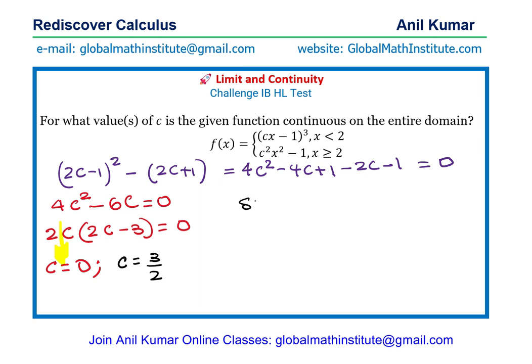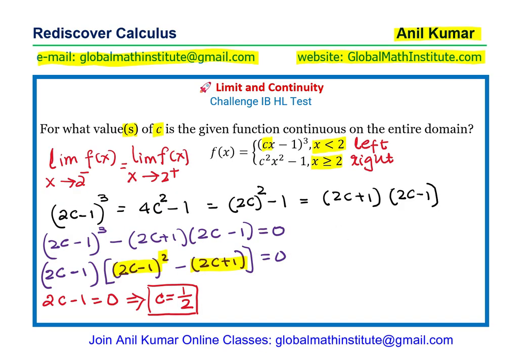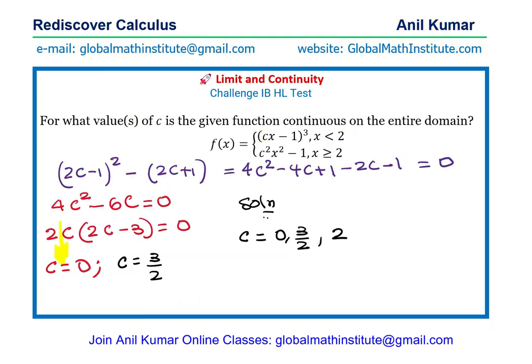Our solutions are c equal to 0, 3 by 2, and earlier we found, not 2 but half, where 2c minus 1 was 0, correct? So there are three solutions for this piecewise function, for which the function will be continuous in the entire domain.